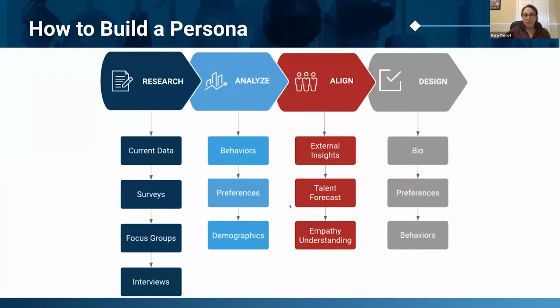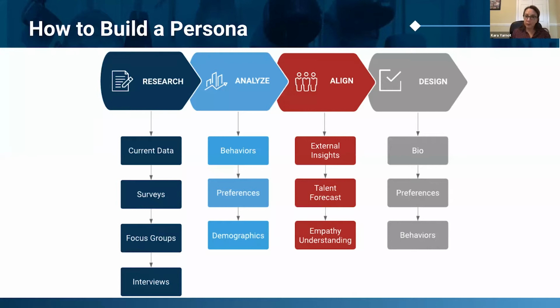And let's start with, how do you do that? We break it down into these 4 big steps, from research all the way to design. I'm going to spend a little bit of time on this slide, talking through some of these key pieces. Research is the absolute most important thing. You need to do all of the things listed below there: data, surveys, focus groups, and interviews, to gather all of the information you need to build these personas.